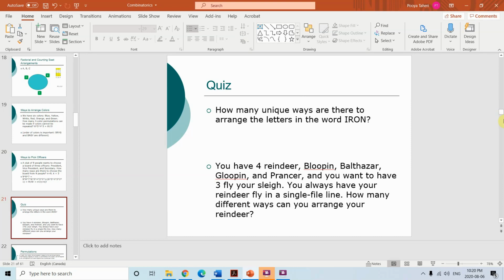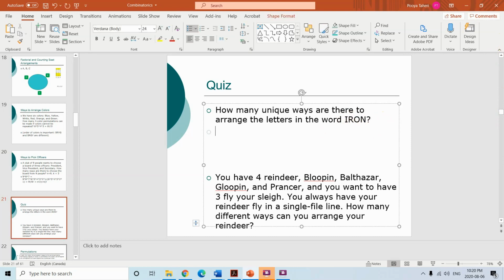How many unique ways are there to arrange the letters in the word iron? So these are four distinct or four different letters, right? And we only have one of them, right? So again, for the first one we would have four options, then three options, then two, then one, right?